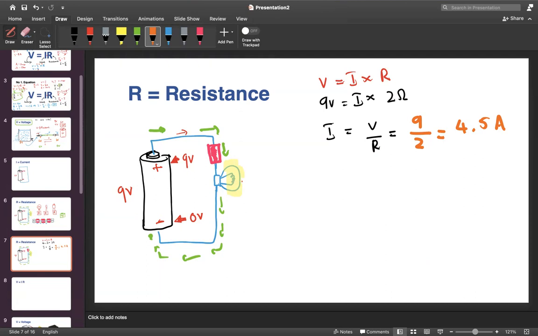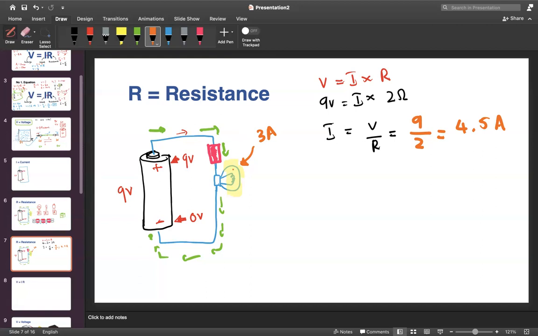The problem is now this light, right? This light only can handle 3 amps. If you provide more than 3 amps, this light will burn. There are situations like that, right? Like if you connect a large battery to a small LED, it will burn.